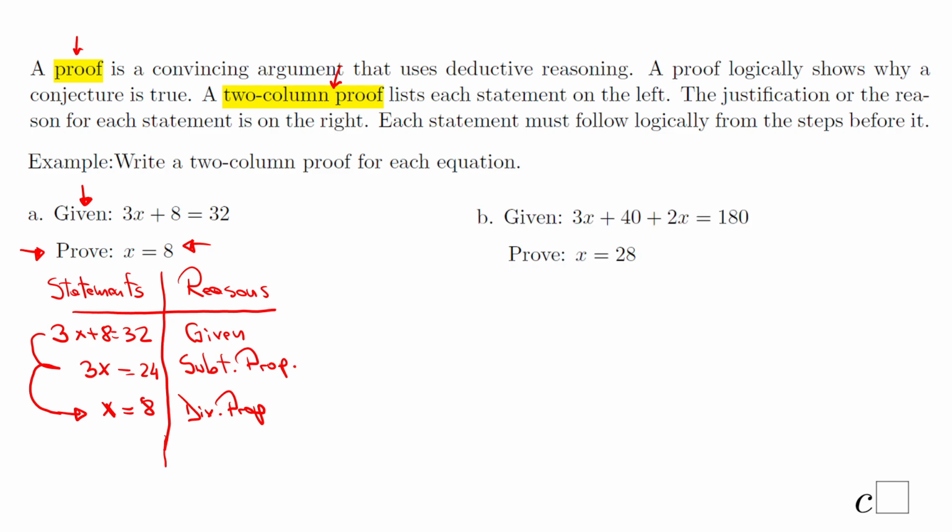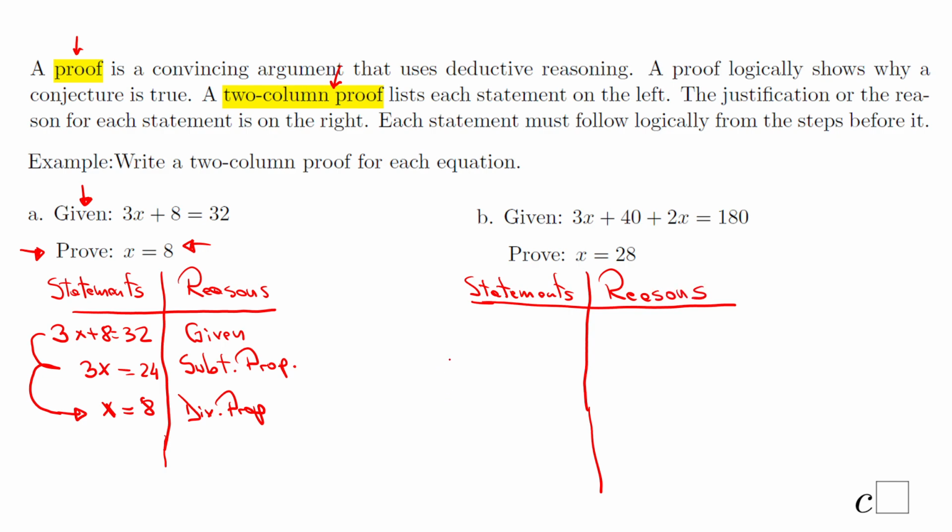One more example here. We have this equation given, and we need to prove x equals 28. So the same two columns, and by now I think you know, on the left column we're going to put statements, on the right side we're going to put reasons.